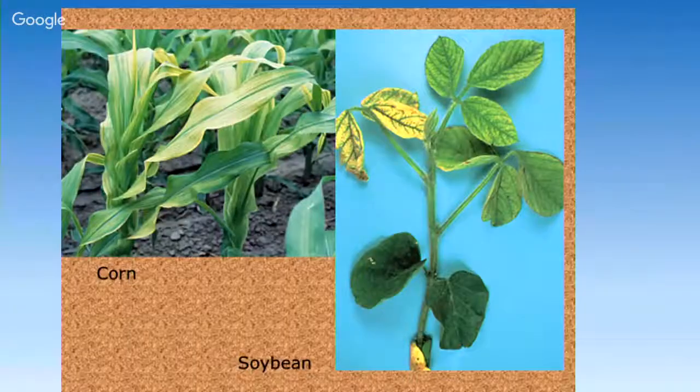This is corn on the left there, and this is soybean. And the corn, it has this. It's definitely right at the top, and it's very whitish, yellowish looking. And soybean, this is very typical, the new growth, and this is a young plant that was worked with, gives a beautiful pattern of interveinal chlorosis.